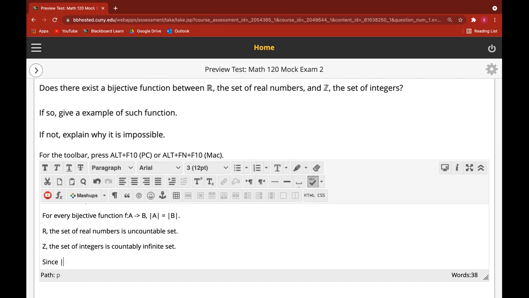So we know the cardinality of R does not equal the cardinality of Z. Therefore, there is no bijective function from the set of reals to the set of integers.